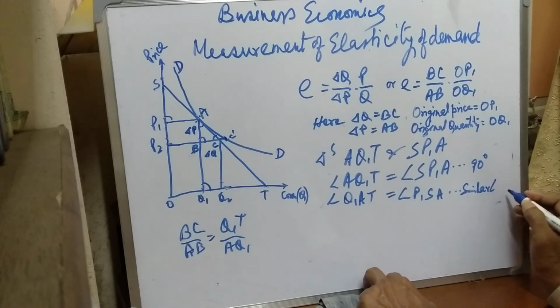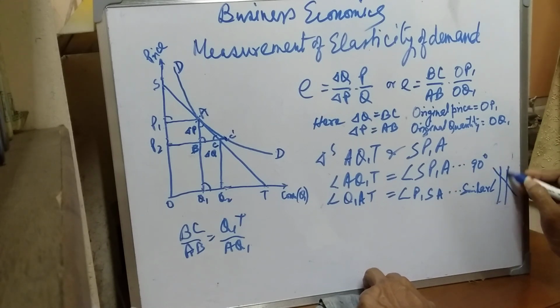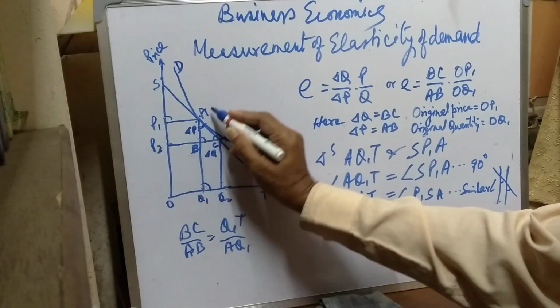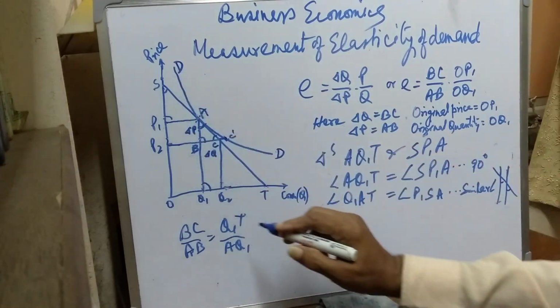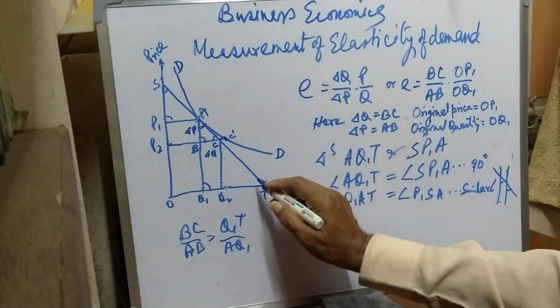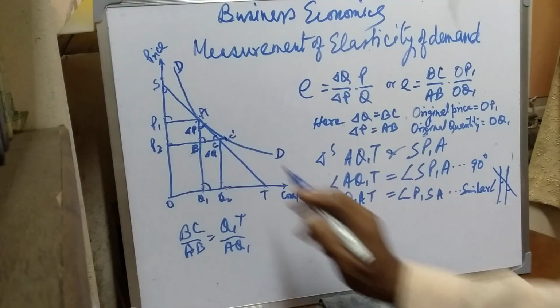Similar angle means this type of angle: here this angle and this angle are similar angles. Again, both triangles are right angle triangles. Naturally, their third angle will be the same.